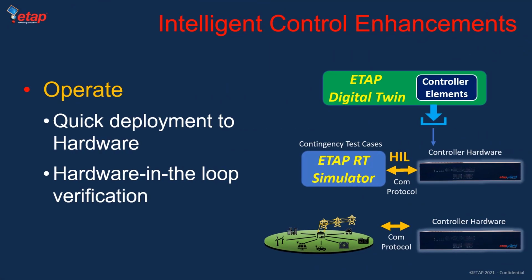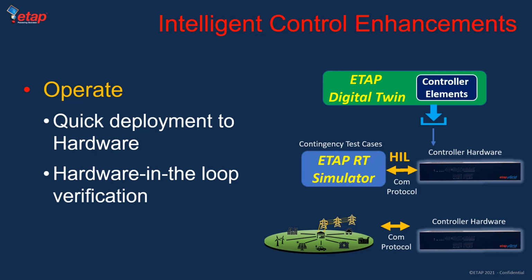On the operate side, which is the actual controller system, we have made several enhancements. First of all, we have improved the quick deployment to the hardware. Once you have performed your software in the loop simulations within the design package of ETAP, by getting the operation side of the system, you'll be able to download the same logic, the same digital twin model that you used for your validations, into the hardware.